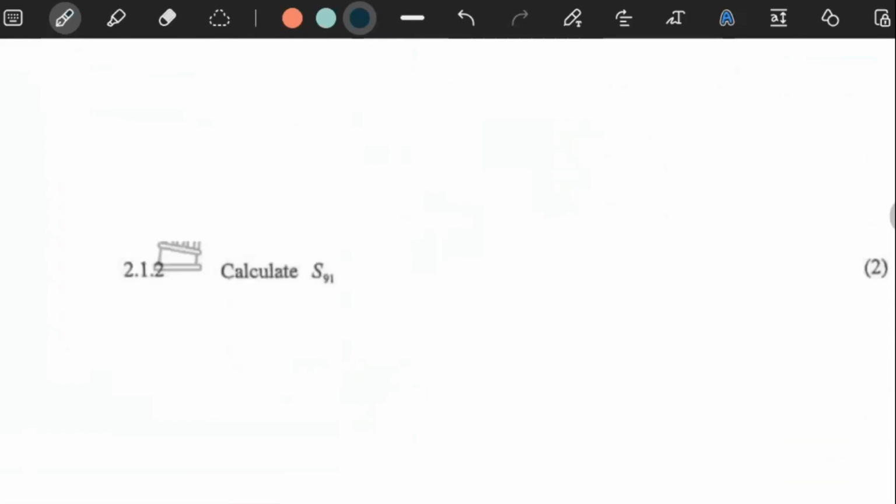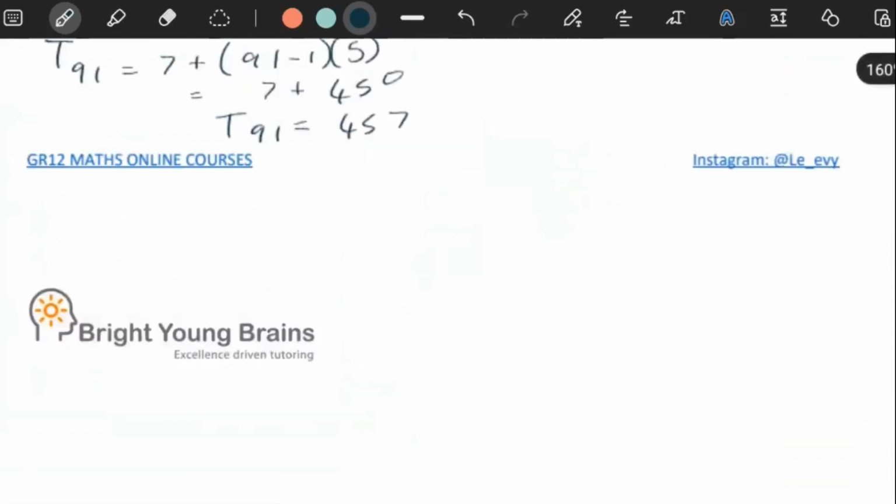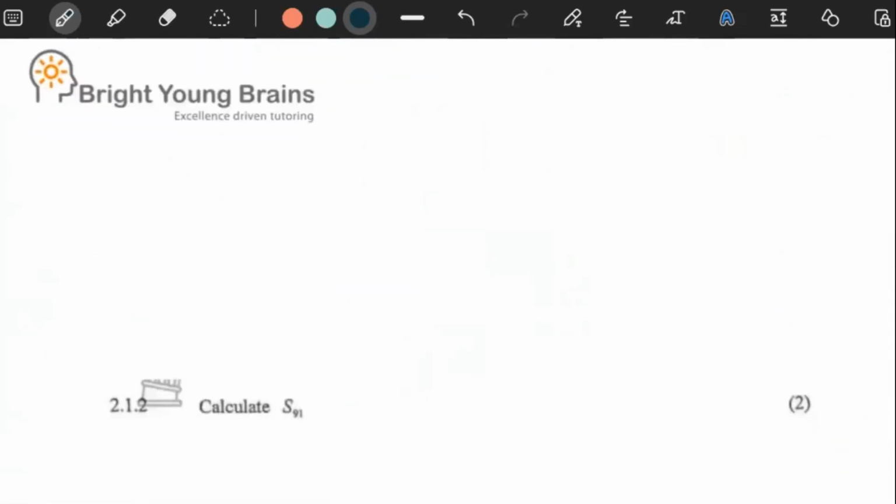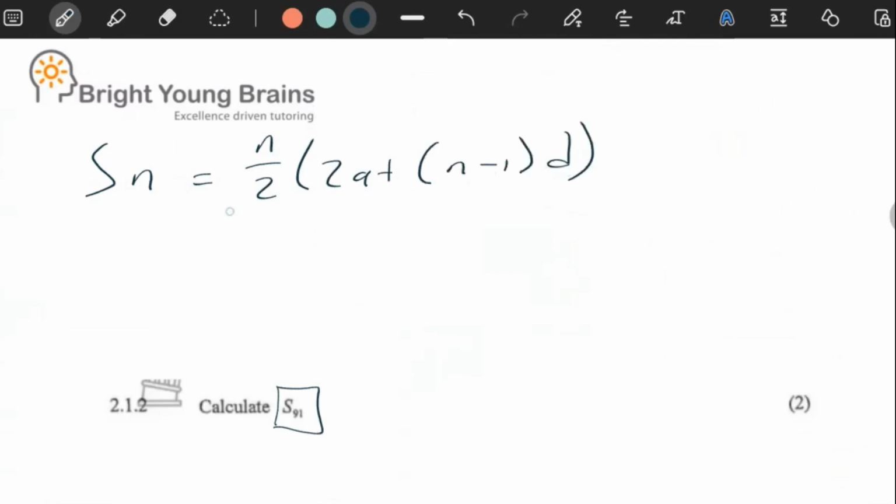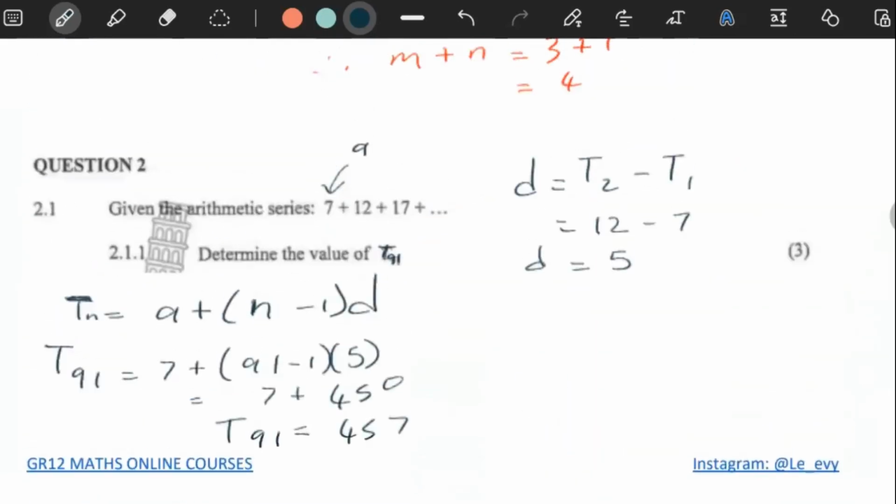The next question is asking us for the sum of the first 91 terms. Because this is S91, we have to use the Sn formula for an arithmetic series. The Sn formula, you can get that on your formula sheet: n over 2, 2a plus n minus 1 times d. Now in this situation, the number of terms we're looking at is 91, and it's for the same series.